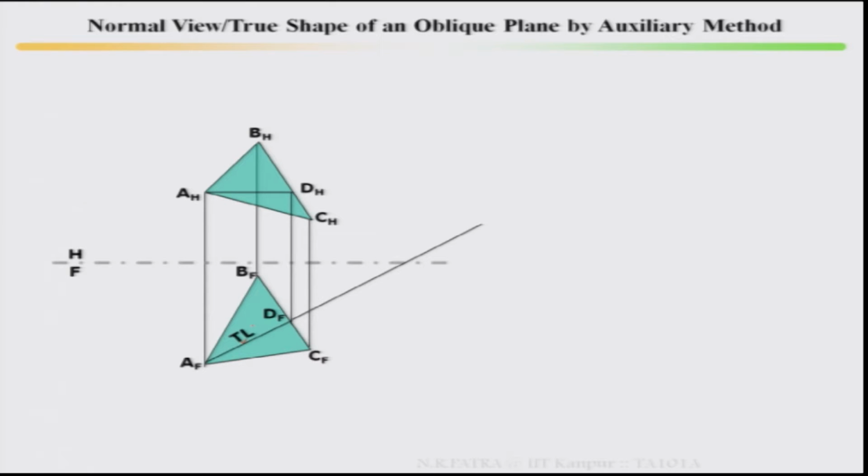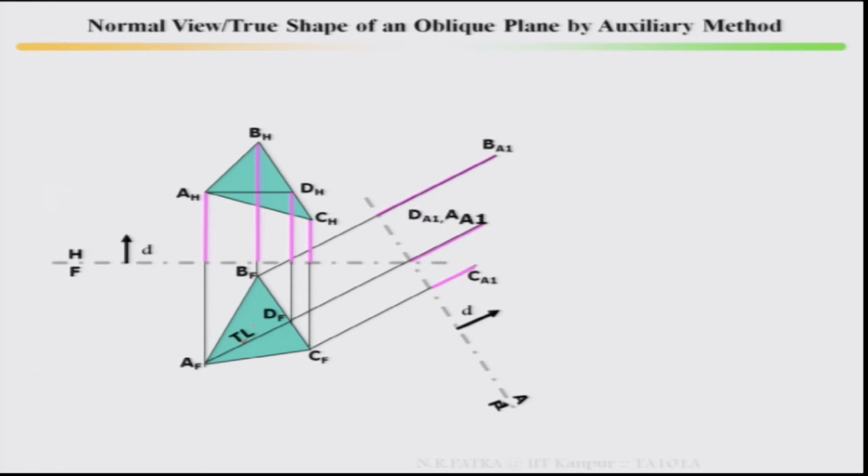Then with respect to AF and DF, draw a line, then take any auxiliary plane at any distance from AF and DF. From there, measure the distance from the opposite view, that is the top view. Extend these lines A, B, C, D, F, locate the measured distances in your auxiliary view, then mark them.